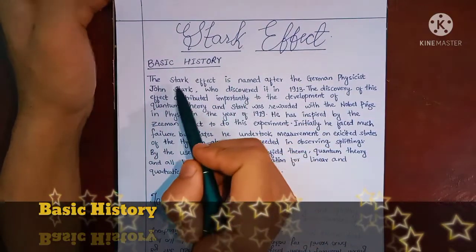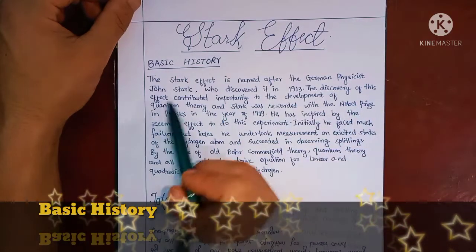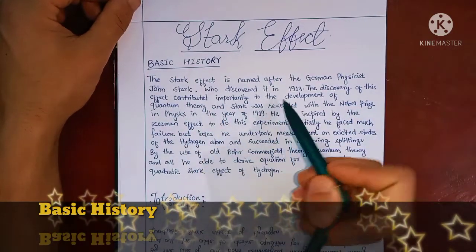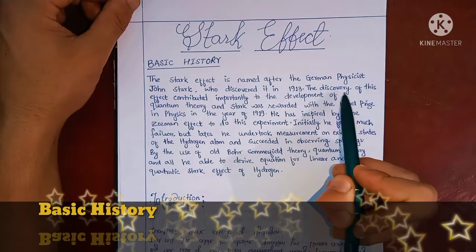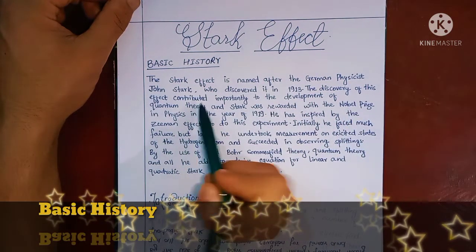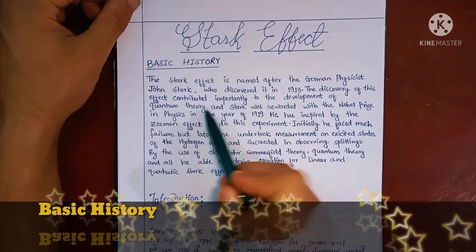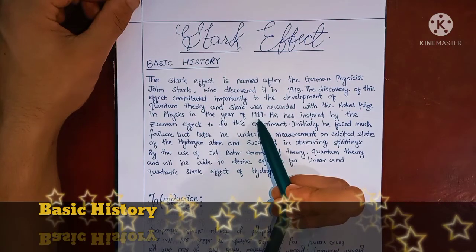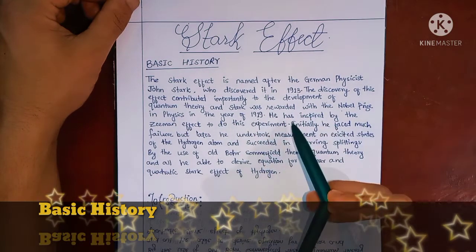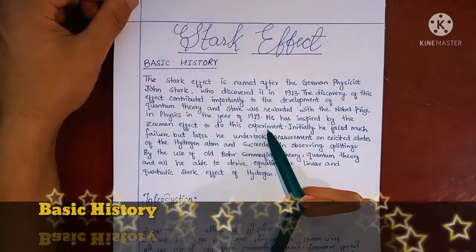This Stark effect is named after the German physicist Johannes Stark, who discovered it in 1913. This discovery contributed importantly to the development of quantum theory. He was awarded the Nobel Prize in Physics in the year 1919. He had been inspired by the Zeeman effect to do this experiment.